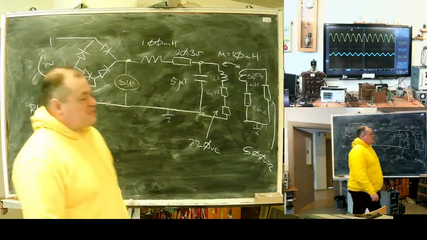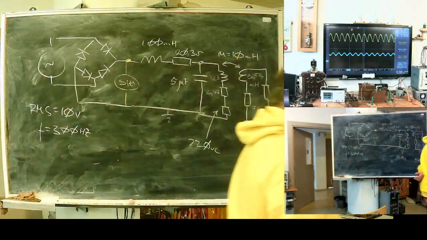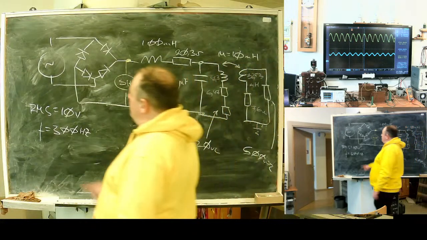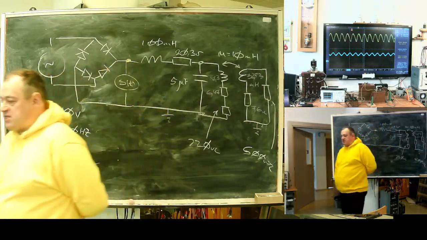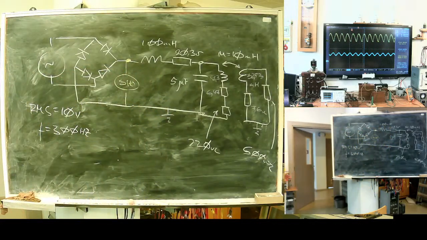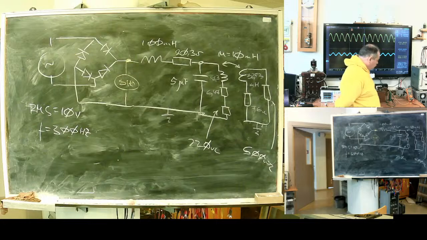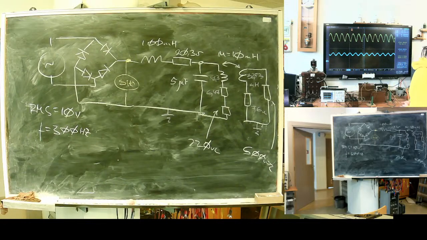What will be the mathematical description for signal of rectifier? If RMS for this source is 10 volts, ideas?